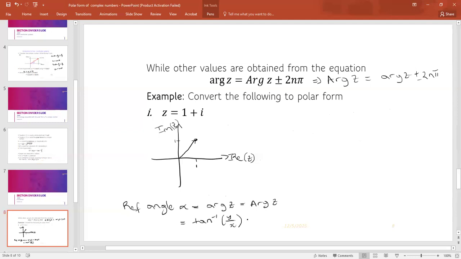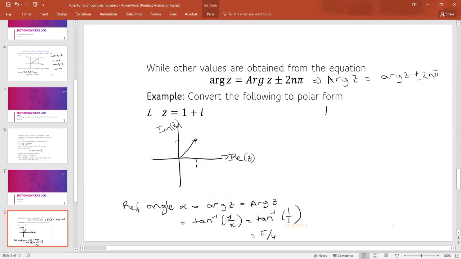And what is our y over x here? It is arctan of 1 divided by 1, because in this case x is 1 and y is 1, so we're going to have arctan of 1, and the answer here is pi over 4. We can see that pi over 4 lies in the interval minus pi to pi. So this represents the principal value we are going to use in the representation of our complex number in polar form.